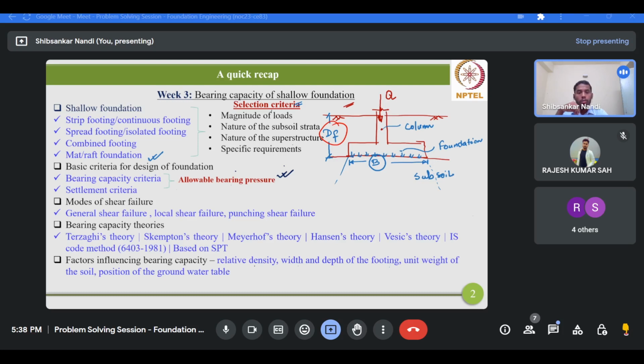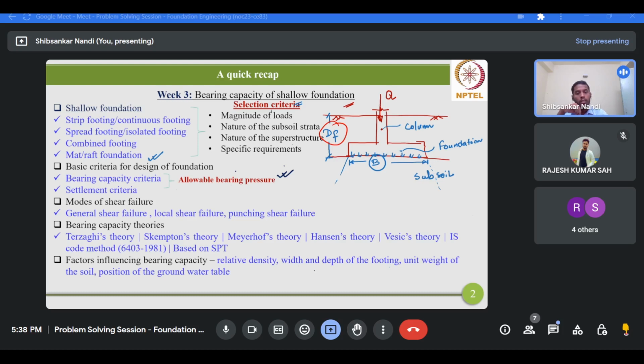Suppose we take the example of width and depth of the footing. We cannot say that the geometry of the footing will be an influencing factor for any kind of soil, that is, cohesionless soil, cohesive soil, or cohesive-frictional soil.